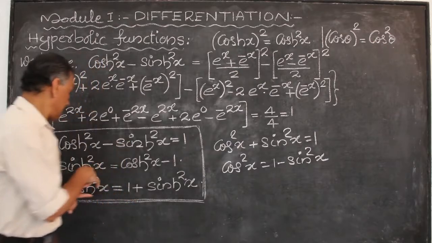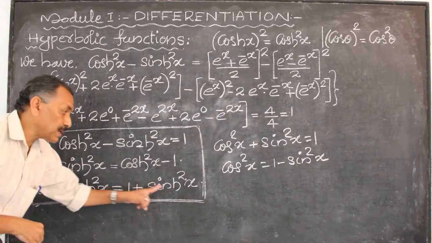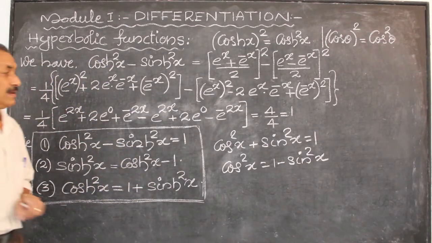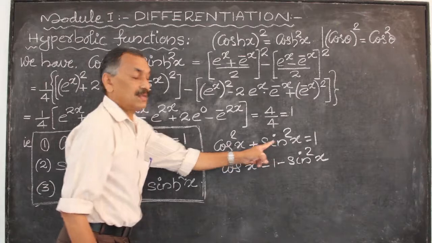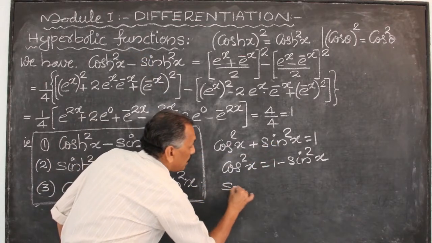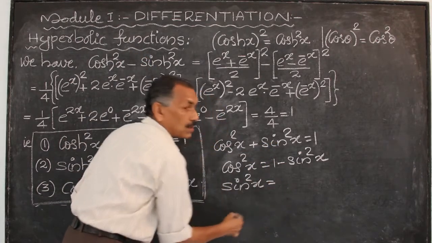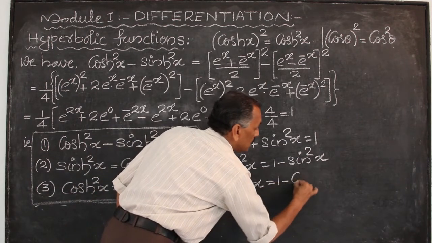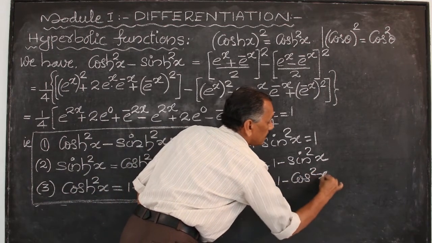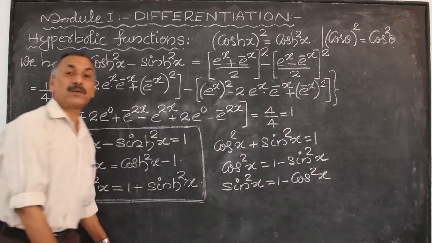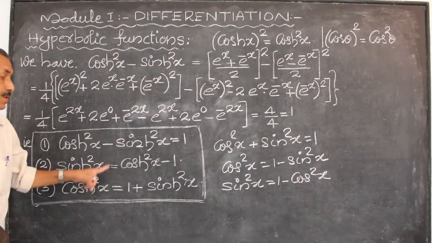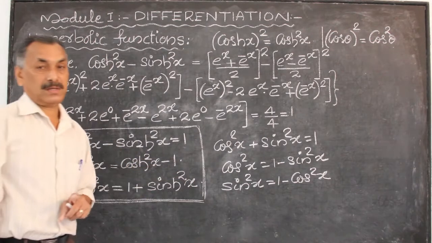But what is cosh²x? cosh²x is equal to 1 plus sinh²x. And what is sin²x? sin²x is equal to 1 minus cos²x. Check the case of hyperbolic functions: sinh²x is equal to cosh²x minus 1.